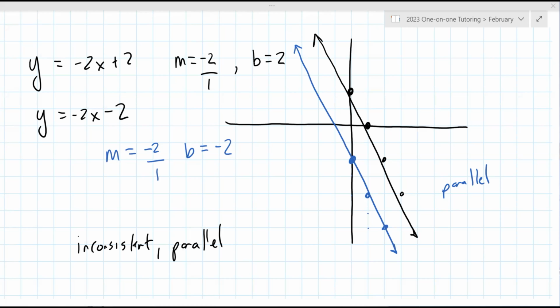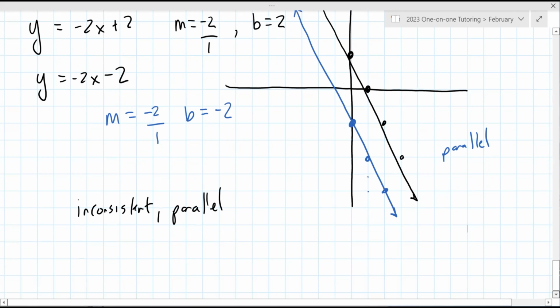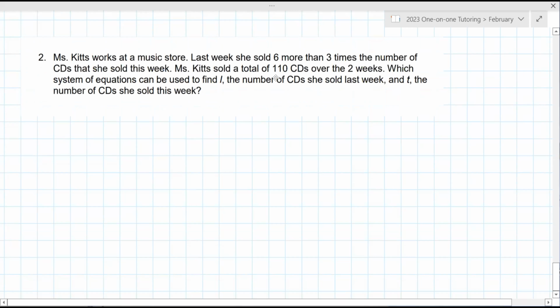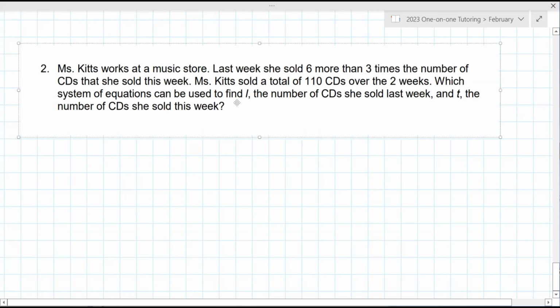So let me look up here, and again, we're just going to write out the system. We don't necessarily need to solve it. All right, so here you go. Miss Kitts works at a music store.